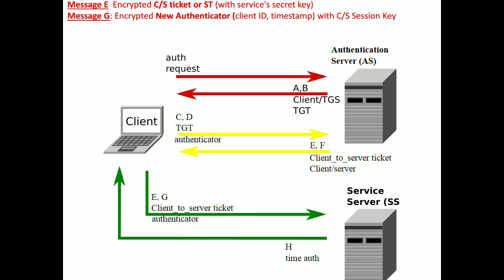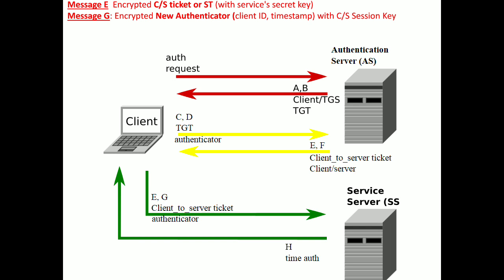So now the client will get this encrypted service ticket, and it cannot decrypt it. So it will replay this encrypted service ticket, and it will send another authenticator so that the server can decrypt this authenticator and prove that it is the original, legitimate server. So this new authenticator will again be used for mutual authentication between client and server.